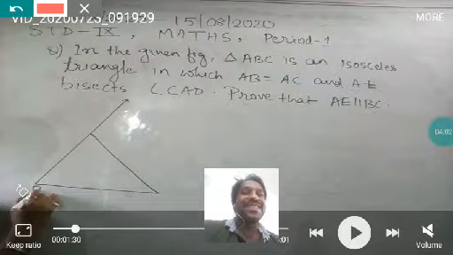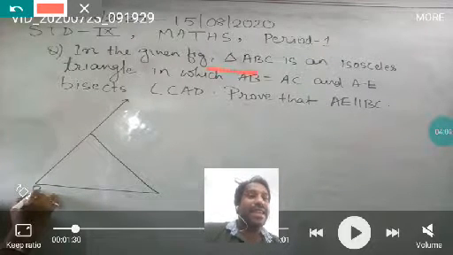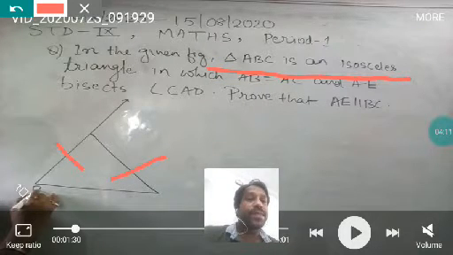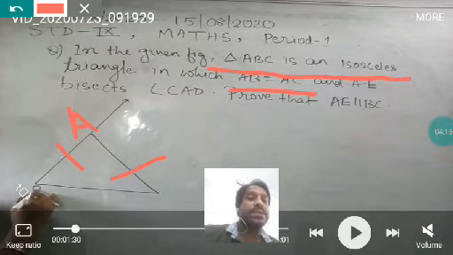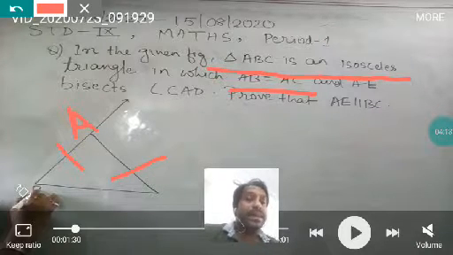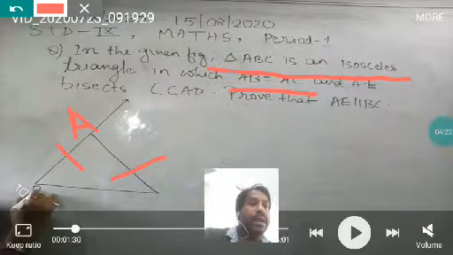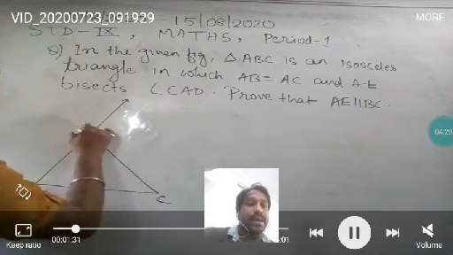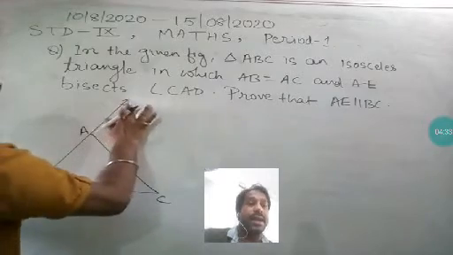See here, it is a question given that in a triangle ABC, it is isosceles, which means two sides will be equal. AB is equal to AC, and AE bisects angle CAD. Let me move ahead and then I'll explain more. So this is A, B, C and D here.